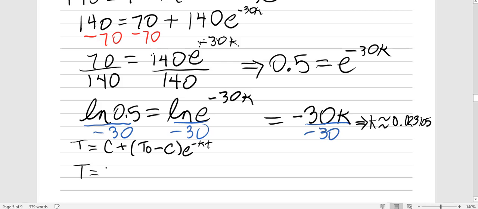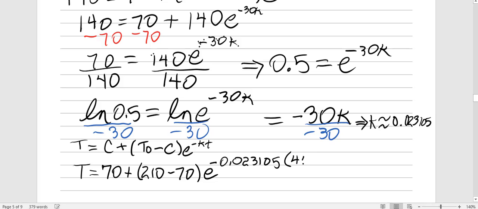So we're trying to find T. C is still 70, the surrounding air temperature. The initial temperature is still 210. And now we know that k is 0.023105. And we're going to replace t with 40.